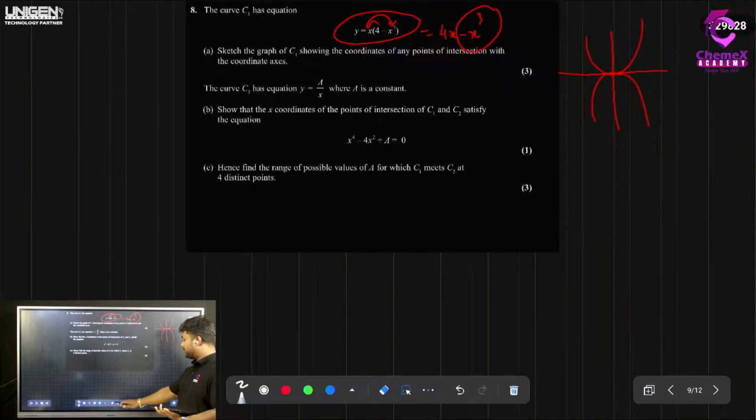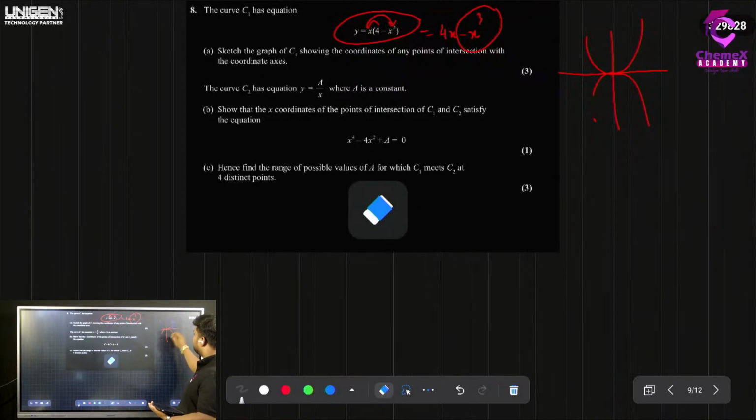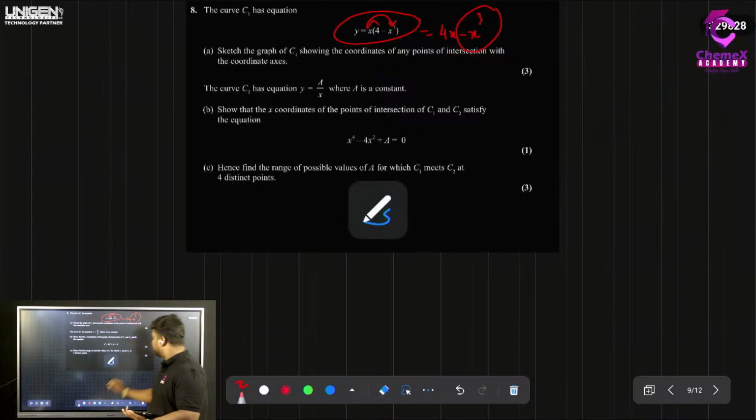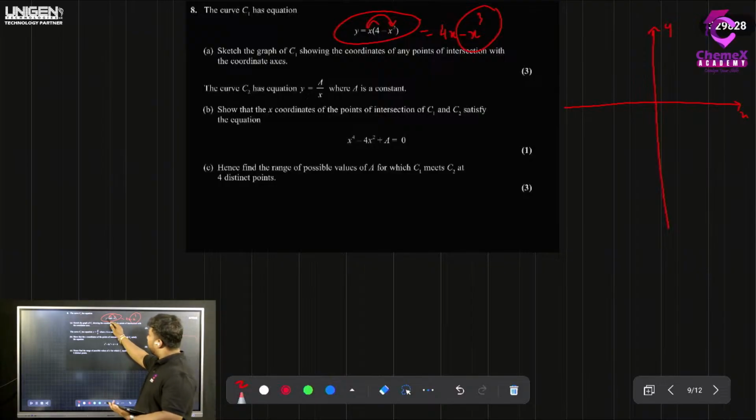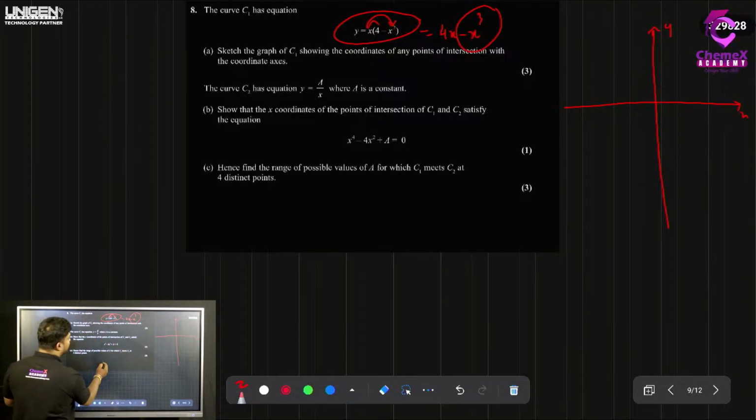So now, how do you sketch it? You have the two axes, y and x. Here, when y is 0, what is the answer? When y is 0, 0 equals x bracket 4 minus x squared.